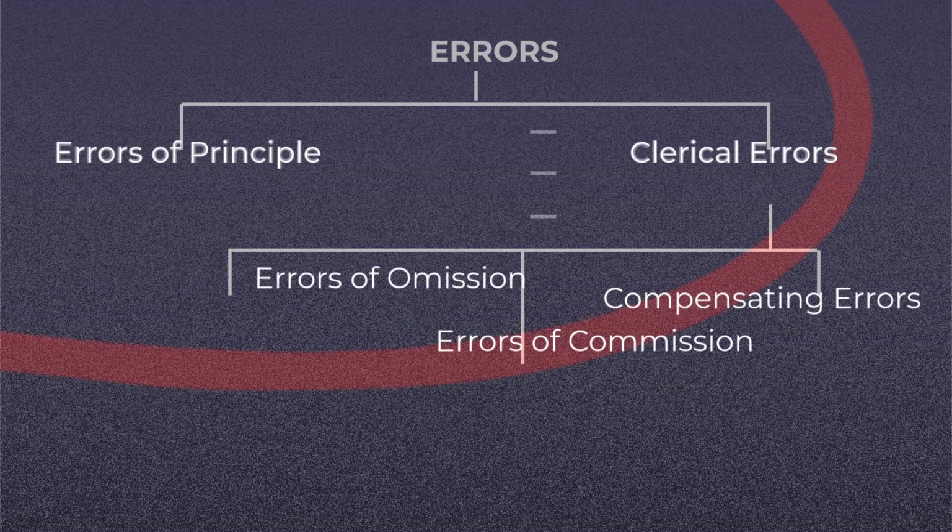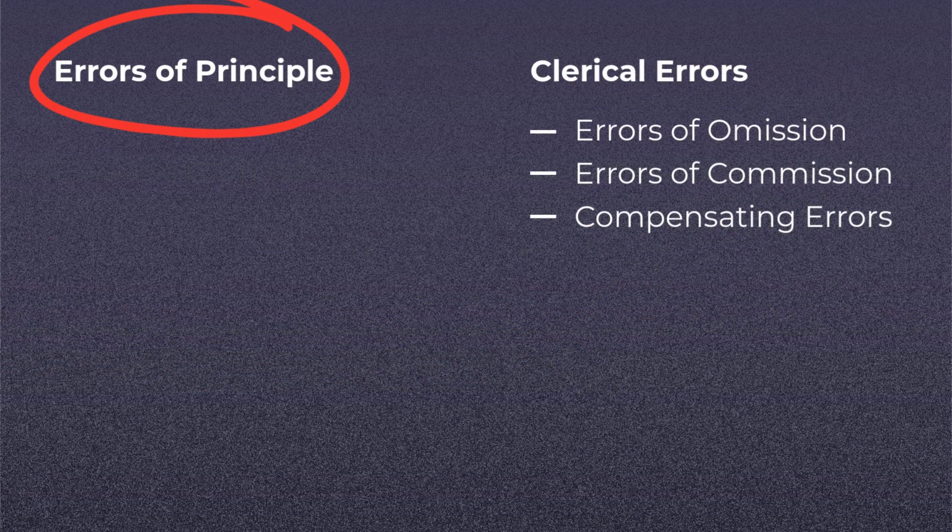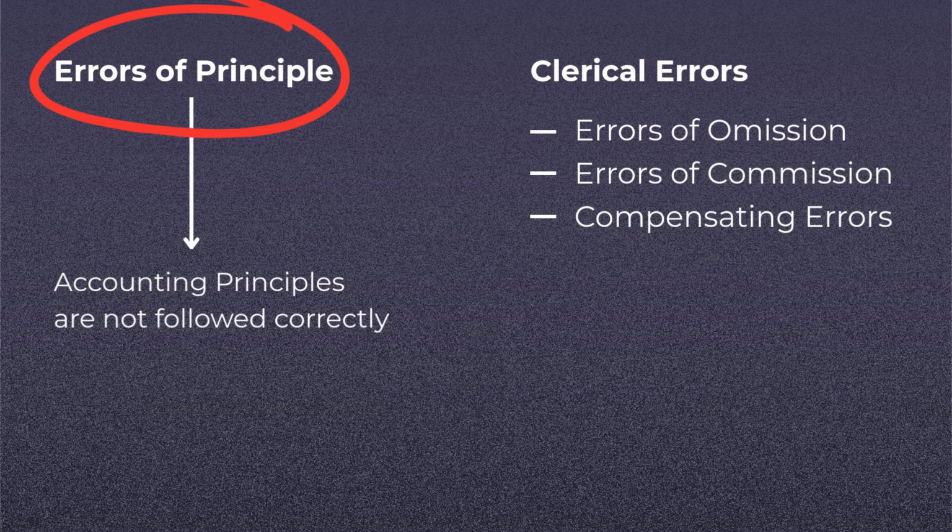Errors of principle. Errors of principle occur when accounting principles are not followed correctly. This means the transaction is recorded in the wrong type of account, even though the debit and credit amounts are correct. In such cases, trial balance will agree. Let's take an example.